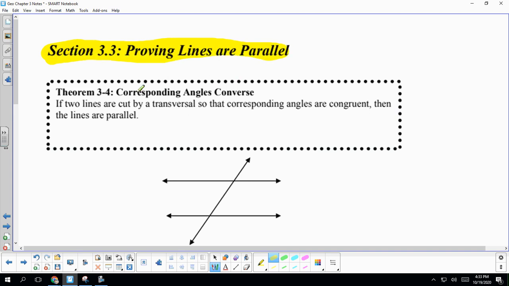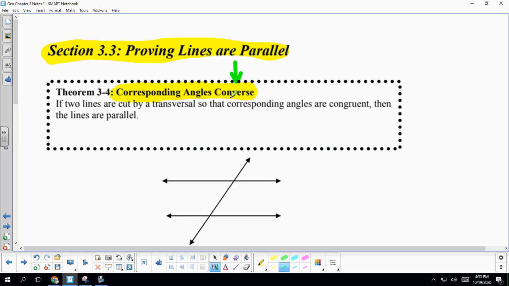The first one we're going to talk about is the corresponding angles converse. So we know that if lines are parallel, then their corresponding angles are congruent. Remember from our previous lessons, way back in chapter 2, the converse means that we switch the hypothesis and the conclusion.